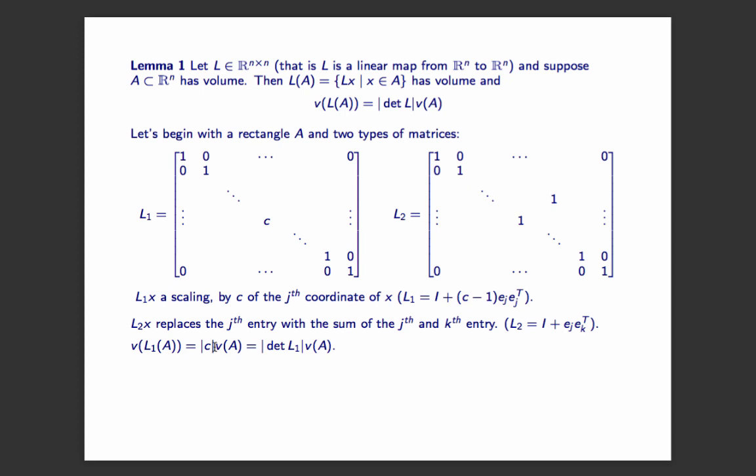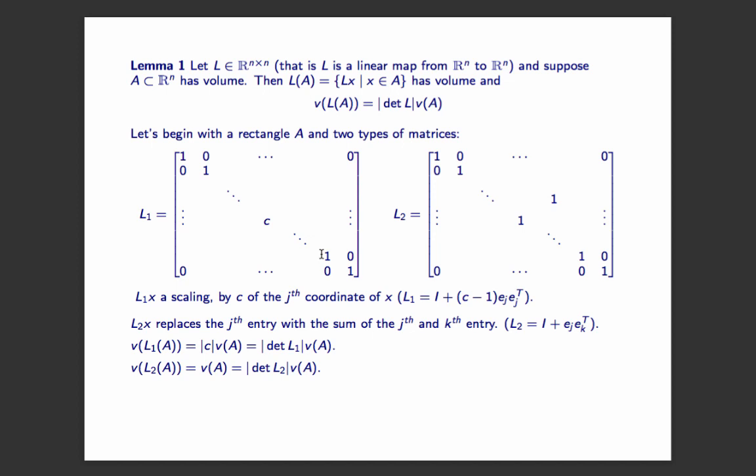Therefore, the volume of my extended rectangle is just the absolute value of C times the previous volume of my rectangle. And the absolute value of C equals the absolute value of the determinant of L1, matrices of this type.